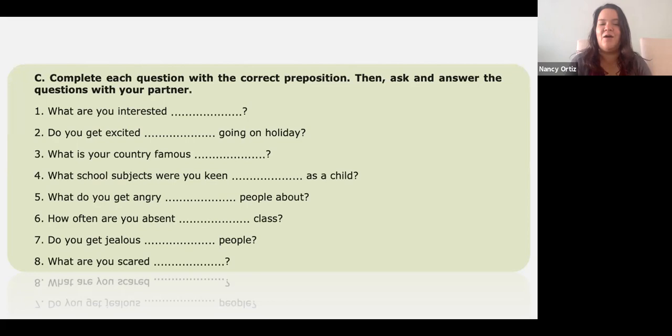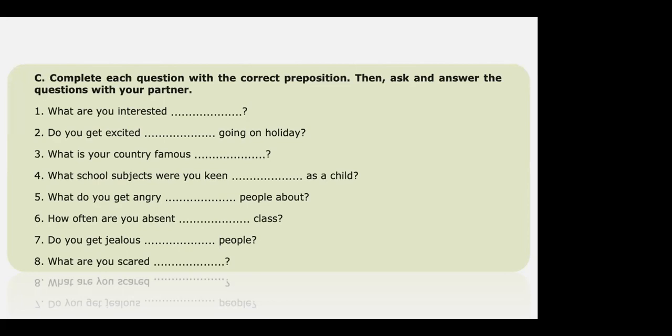Mildred, what subjects were you keen on as a child? When I was a child, I was really keen on English. Indeed, in secondary school, I was very interested in knowing more about the words, the vocabulary. That's it. Okay. Very good.